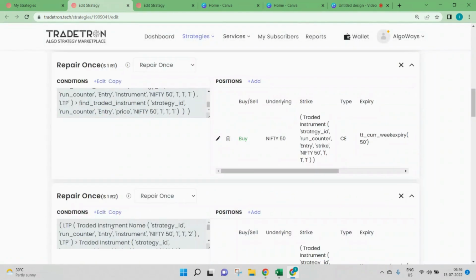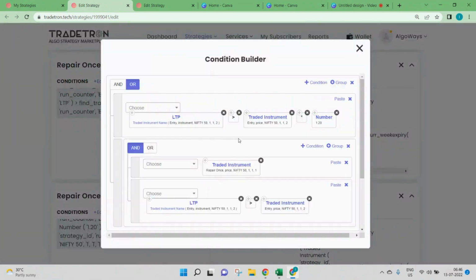Same way the case is with put option. So first condition we are putting that it is 20% from the entered price, it has gone up, exit. Or if the call option, this first condition is for the call option, has triggered the stop loss, in that case we exit the put option as soon as it goes above its entered price, right?